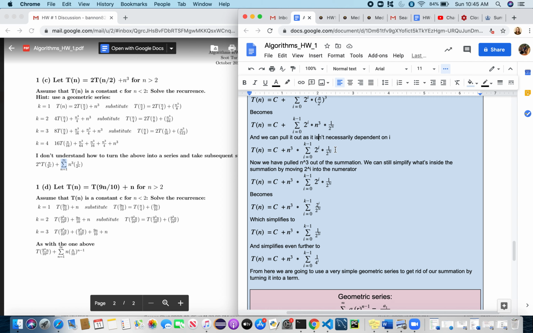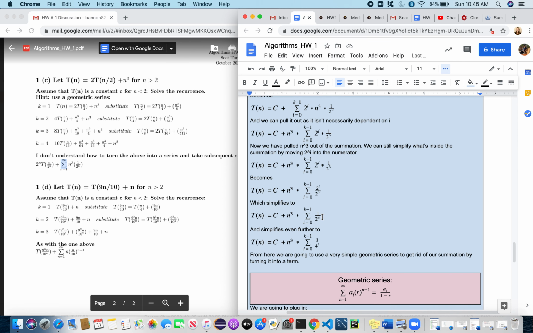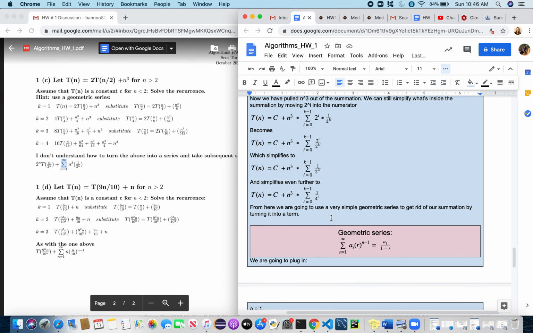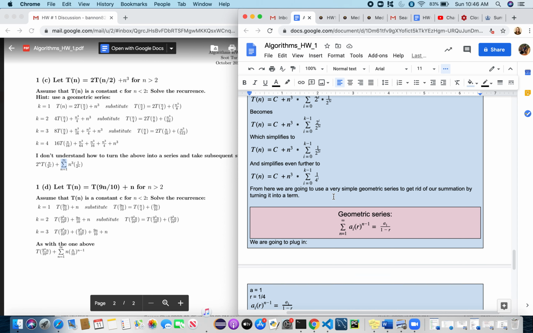We can simplify them further because 2 to the i over 2 to the 3i, we're just going to wind up with 1 over 2 to the 2i, as these cancel out. And then now that we have 2 to the 2i, if we know what 2 squared is, we can replace it with 4. So 1 over 4 to the i is where we go.